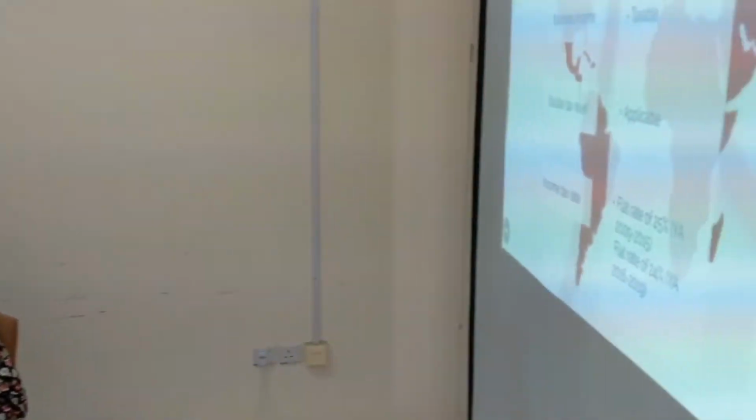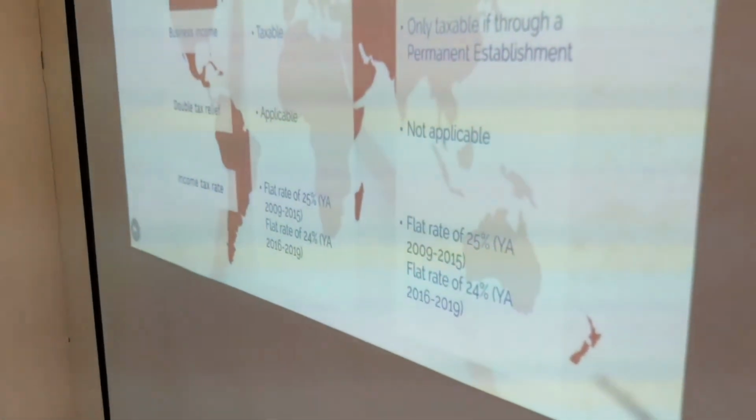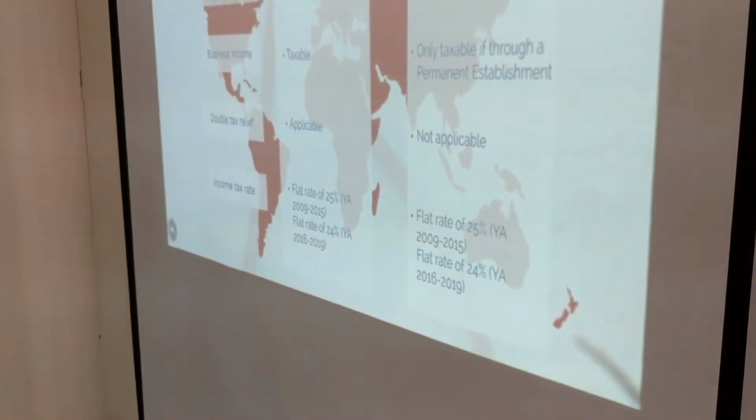It was a flat rate of 25% in the years of assessment 2009 until 2015, while from year of assessment 2016 until now, the flat rate is 24%, including resident companies and also non-resident companies.